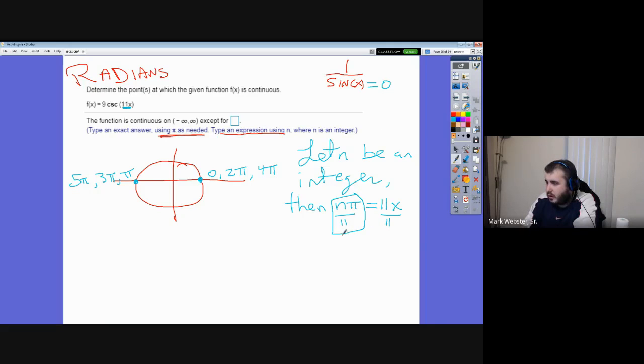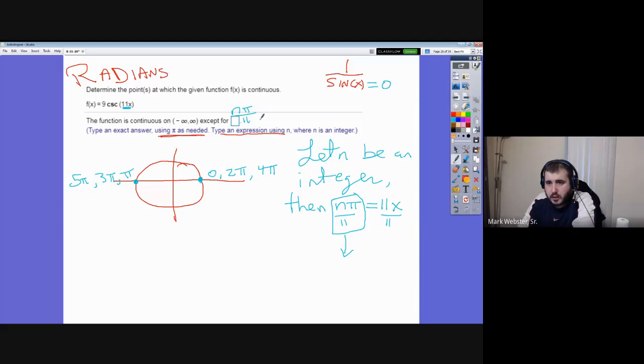This contains all the answers for what numbers cause sine to be 0 in this situation, so we can find the discontinuities. So your final answer here, because it's saying everywhere except for, is n pi over 11.